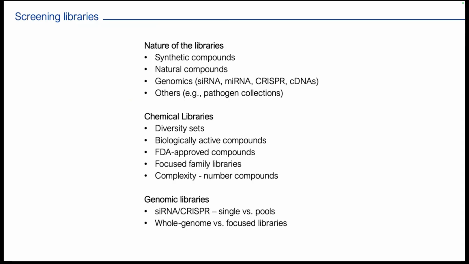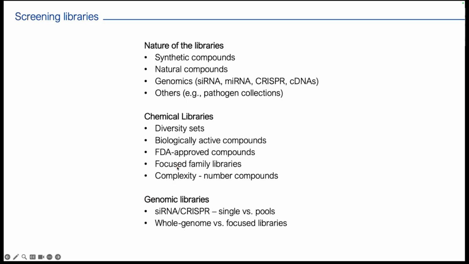If you're looking for kinases or other processes, it may be better to screen a focused library than a general diversity chemical library. And of course, the number of compounds varies depending on the types of libraries. Pharma companies will have libraries in the range of millions of compounds. Academic labs will typically screen hundreds of thousands of compounds.